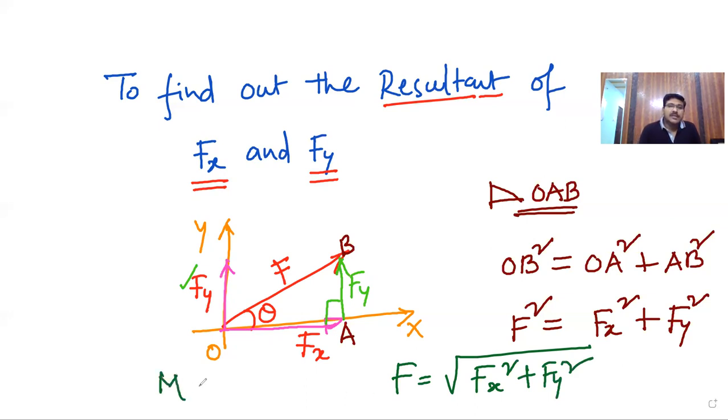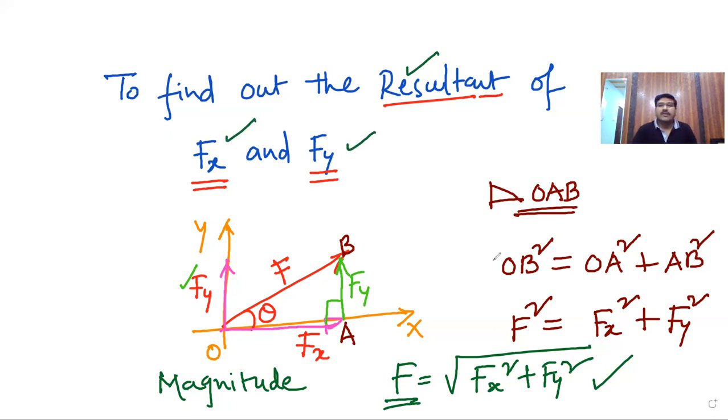This is the magnitude of the vector: under root of Fx square plus Fy square. This is the resultant force of Fx and Fy. Very simple.